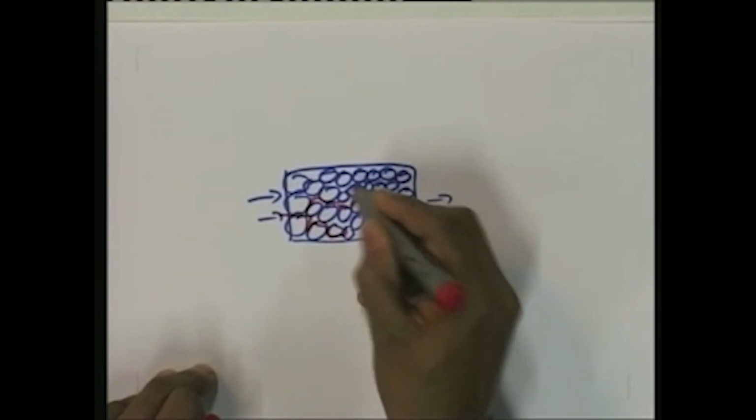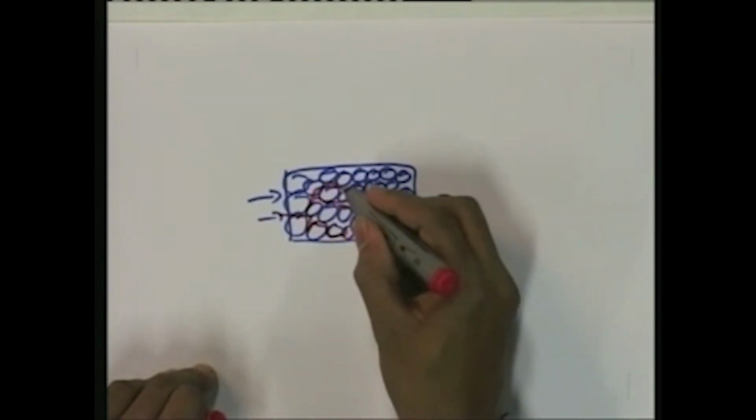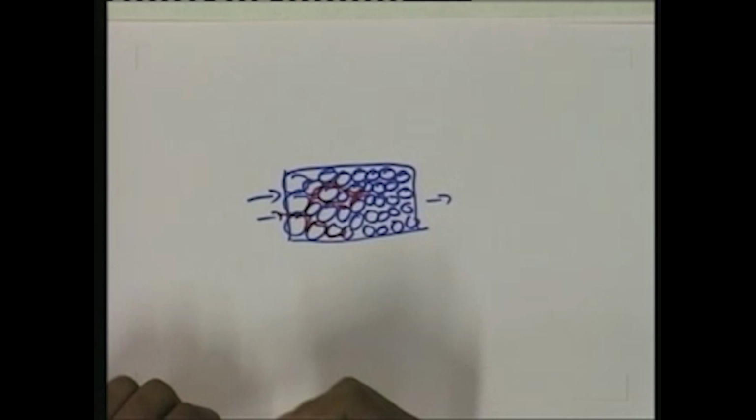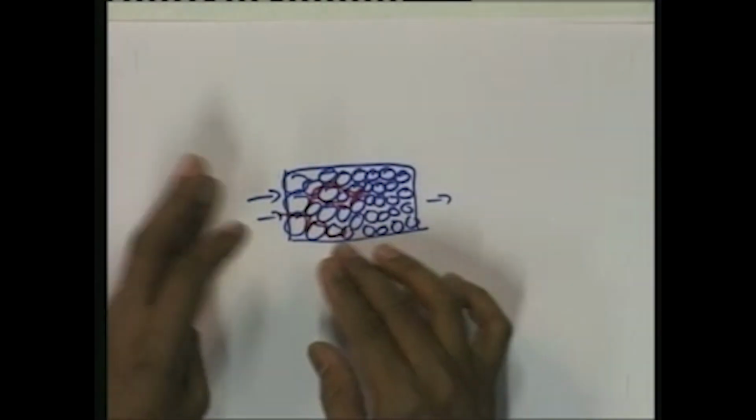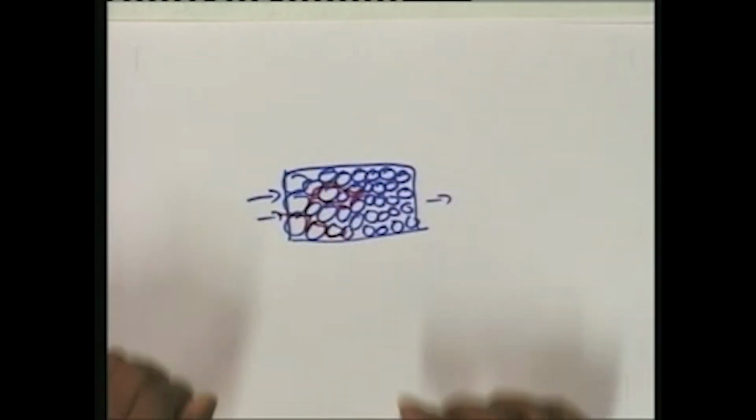So, what we try to do is approximate this problem as a pipe flow, that means between the solids we consider pipe flow, and then we compare with Darcy's and try to obtain Darcy's law from this theory.